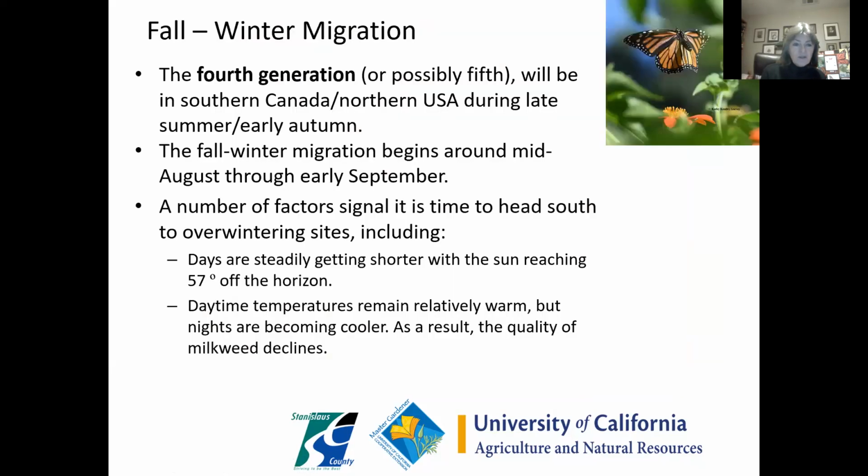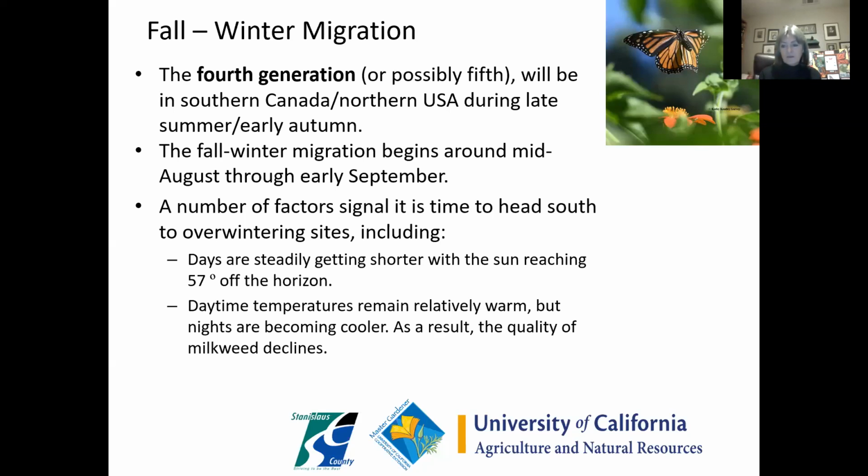So the fourth generation, sometimes a fifth generation, will come from possibly southern Canada or the northern United States in the late summer, but usually it's like September. They start coming through, and they have signals in nature that tell them when to go. The days get shorter, the nights are colder.